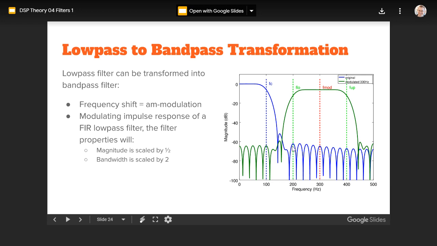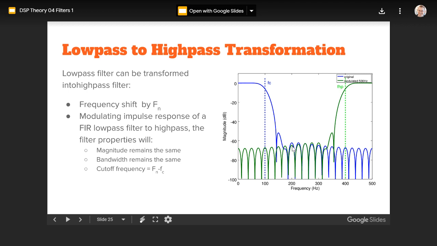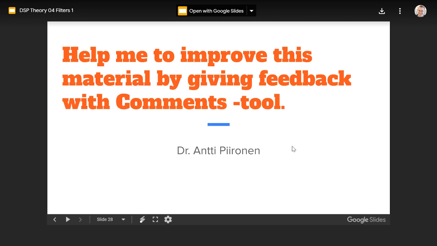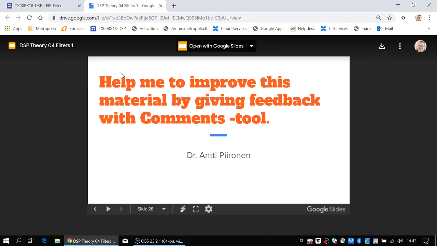Then if needed, do this transformation from low pass to any other frequency, basically based on the amplitude modulation. Low pass to high pass is just a special case of the modulation. Then band stop is low pass plus high pass. Okay. Wow. That was something.